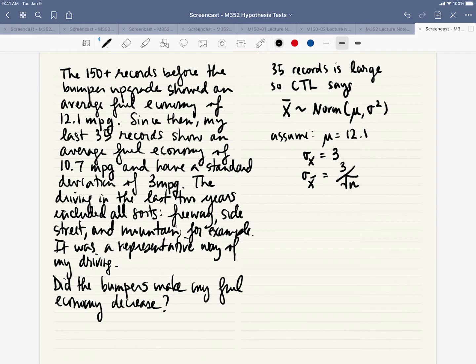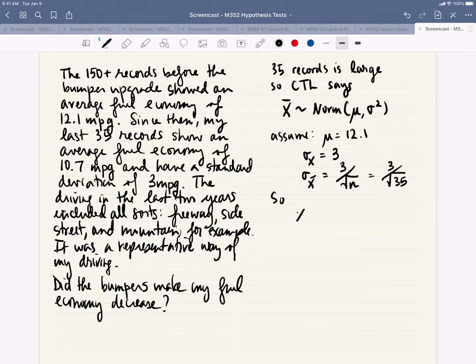That's because the set is large. And then we know from what we've studied that the standard deviation of the sample mean is the standard deviation of the distribution divided by the square root of the sample size. And we'll just be more explicit.